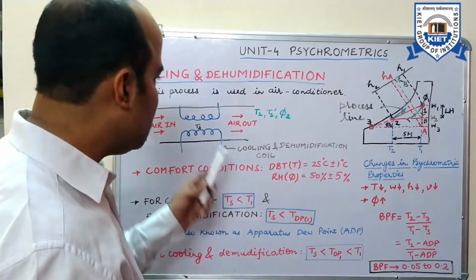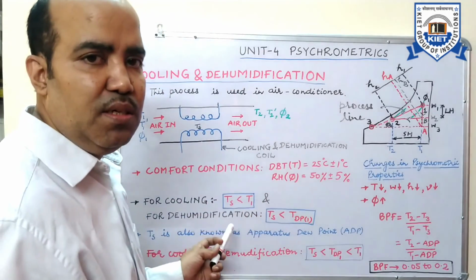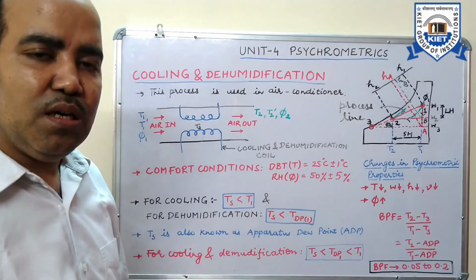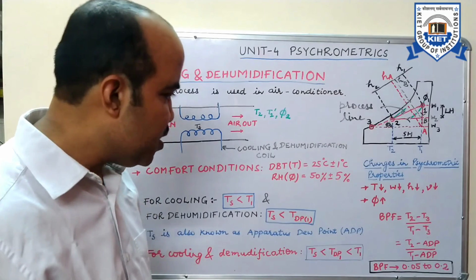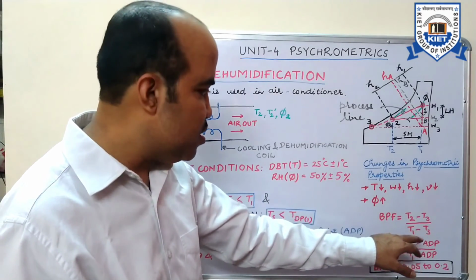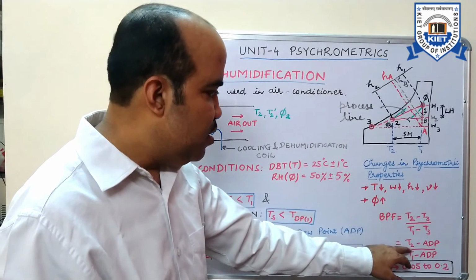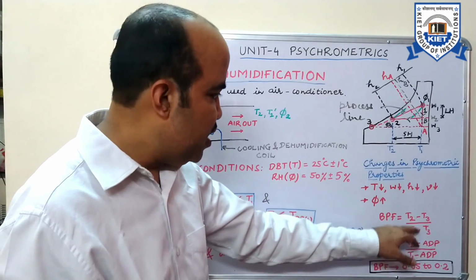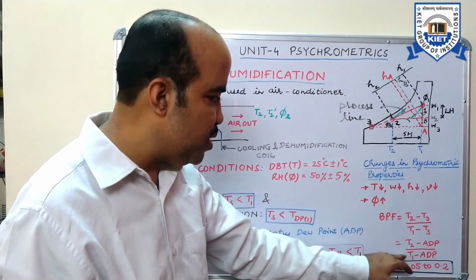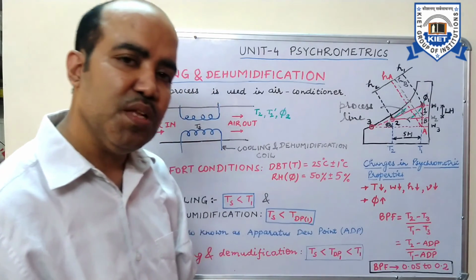As I already told you, T3 is the ADP, the apparatus dew point. Finally the bypass factor becomes T2 minus T3 divided by T1 minus T3, and since T3 is equal to ADP, it is T2 minus ADP divided by T1 minus ADP.